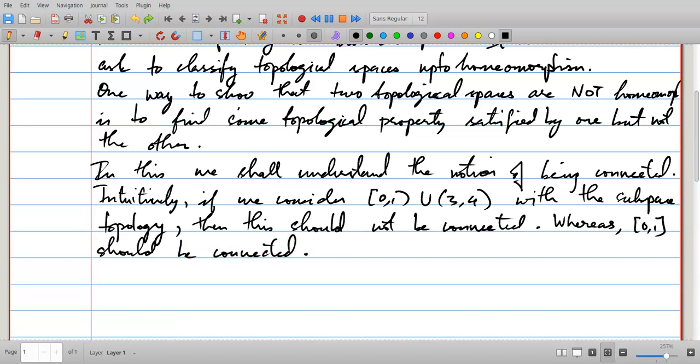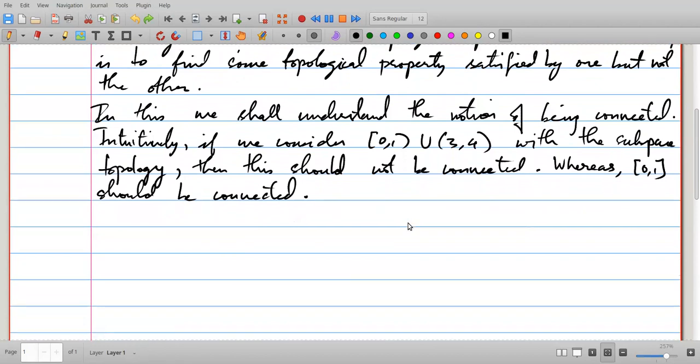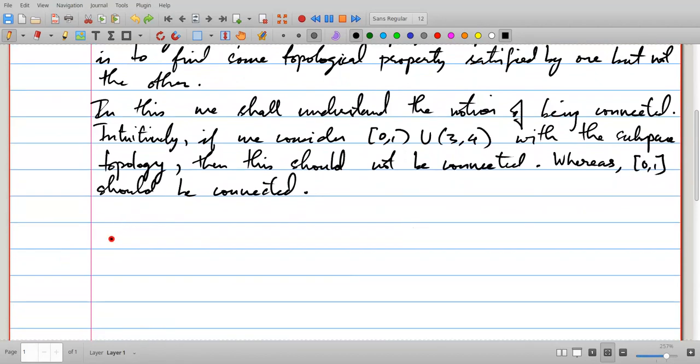So I'm trying to suggest that the word connected should correspond to something which is intuitive. And it does correspond to something. So let us see the abstract definition of being connected. Let X be a topological space.